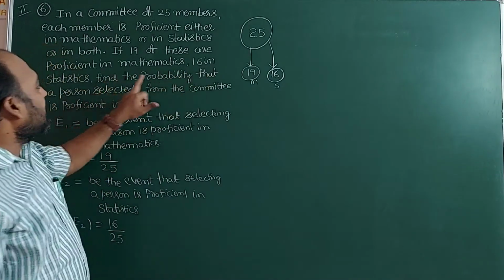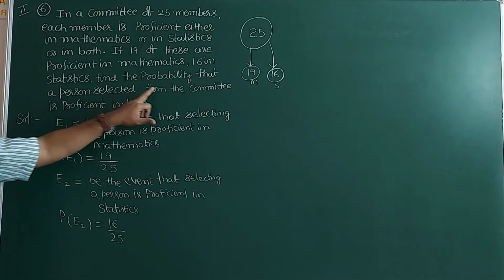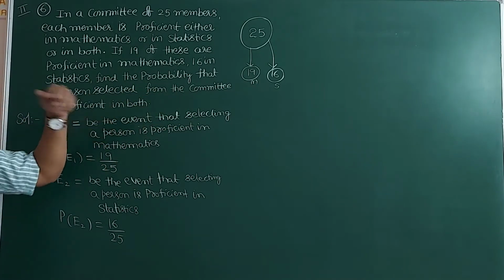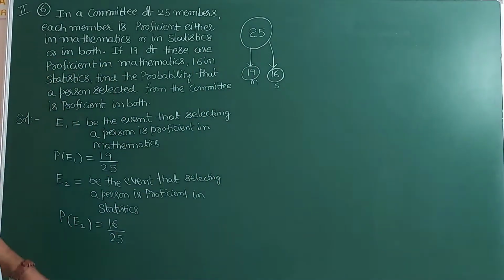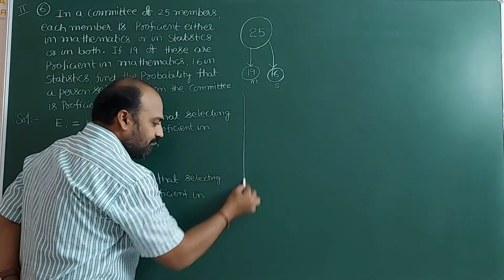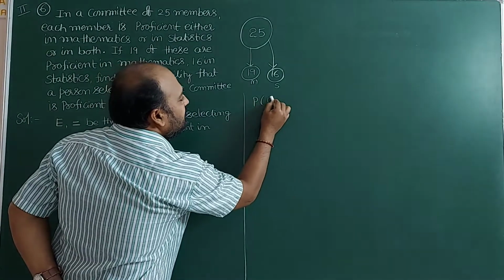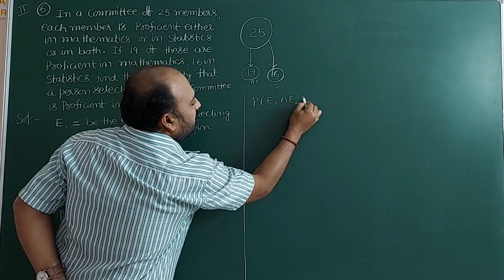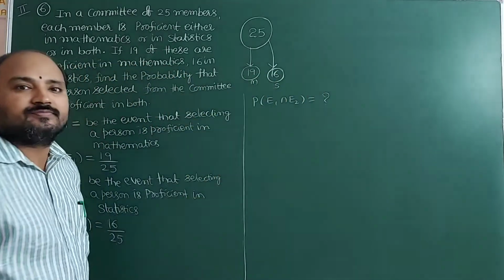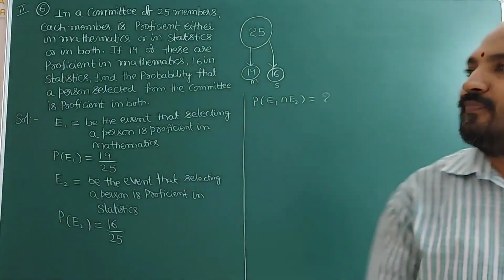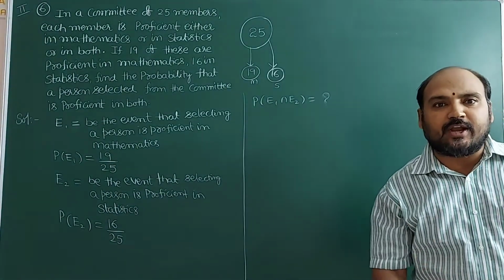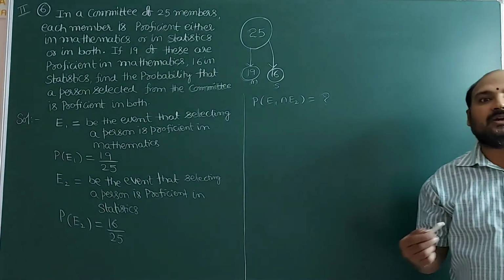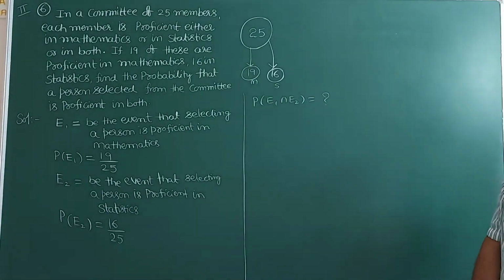Next, find the probability that a person selected from the committee is proficient in both. In both, the person will be selected. Both means what? E1 intersection E2. So they are asking here, P of E1 intersection E2, the probability of the event that selecting a person is proficient in both maths and statistics.